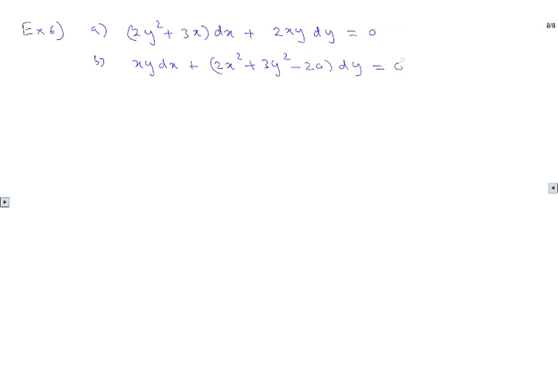You can try those and you can see the solution in the description.